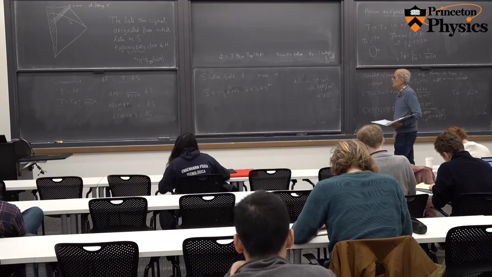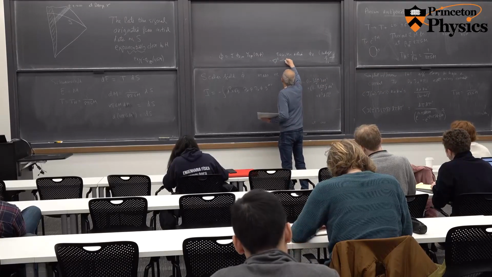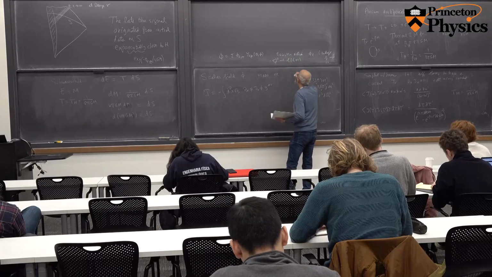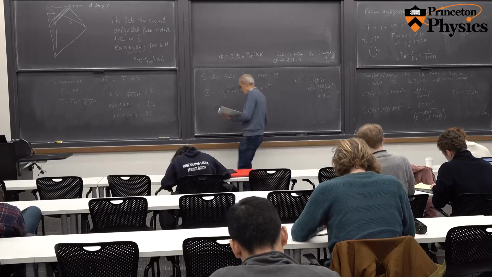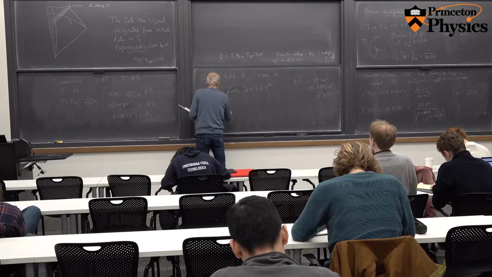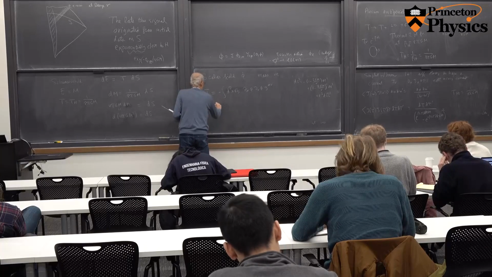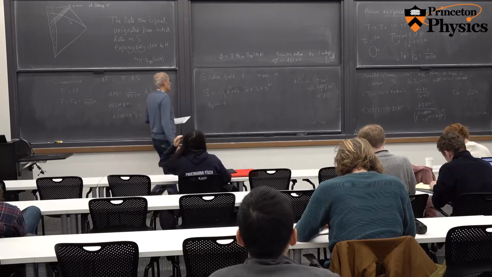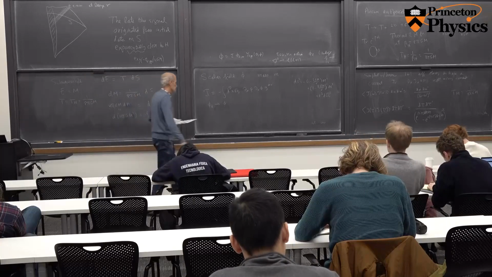And you all know essentially what's going to happen. The Laplacian on the sphere will turn into L times L plus 1. So if you work out the effective action, I'm going to just write phi_L as phi. So we're going to study a particular partial wave of angular momentum L.